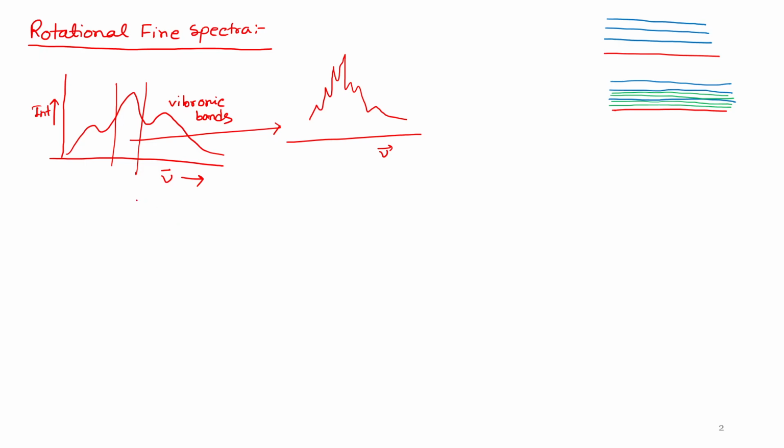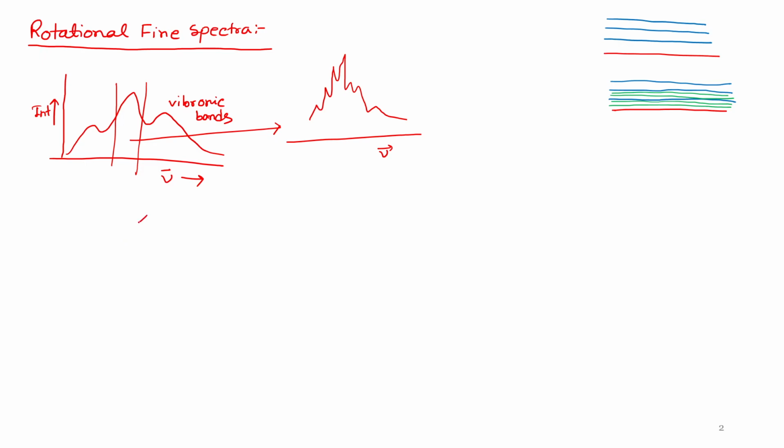So what is the actual origin of this? If you remember the energy gap between two states, generally in electronic spectroscopy we talk about the 0 to 0 transition, that is v double dash equals 0 to v dash equals 0, the band origin. But right now we are discussing rotational spectra.